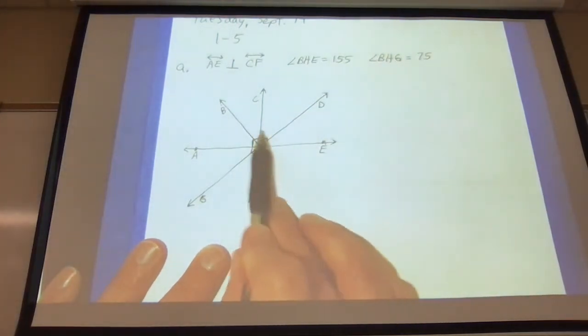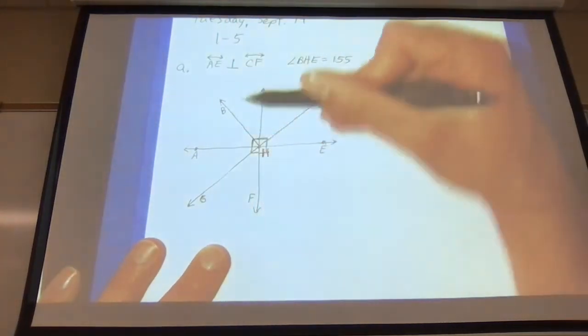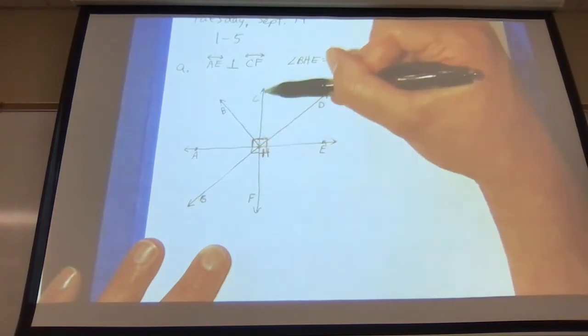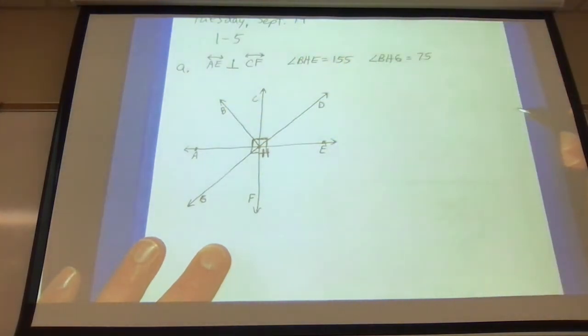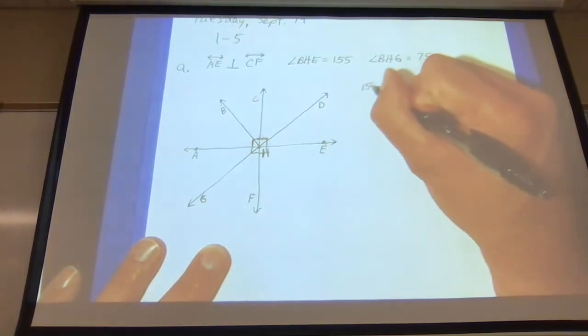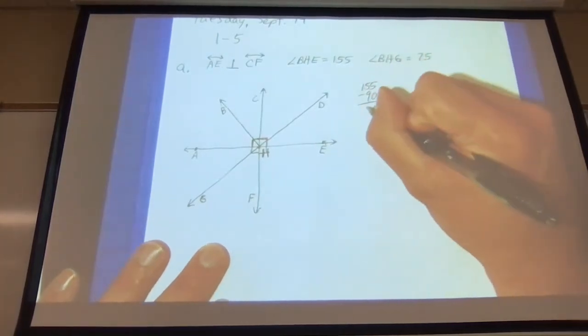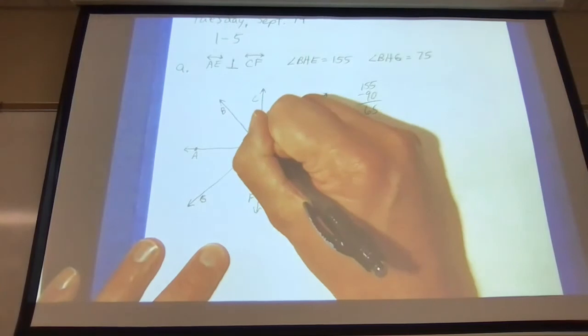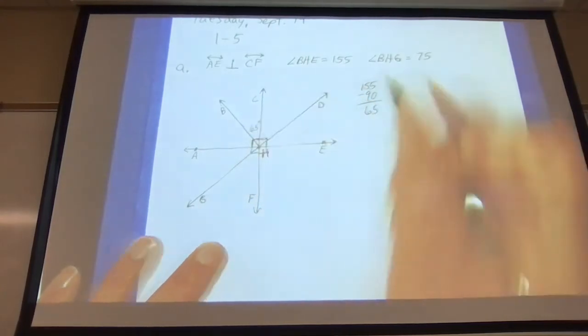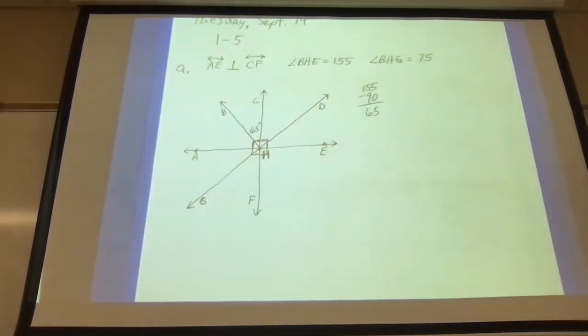And if all 3 of those add up to 155, what could I do to find angle BHC? Walker, what do you think? There you go. 155 minus 90. That's going to give us 65. That's 65 degrees for that angle.